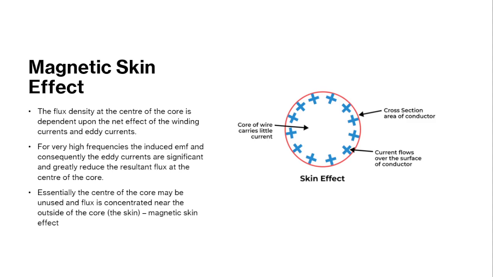And this is from eddy currents. So eddy currents tell you about the circulating currents, and the skin effect tells you those circulating currents will be strongest close to the surface. That makes sense.